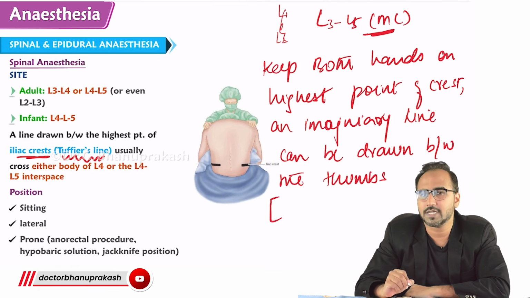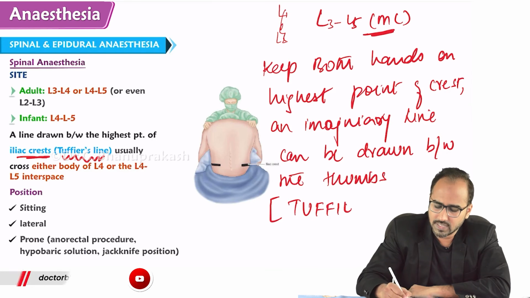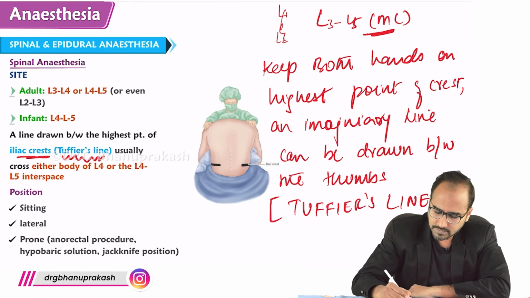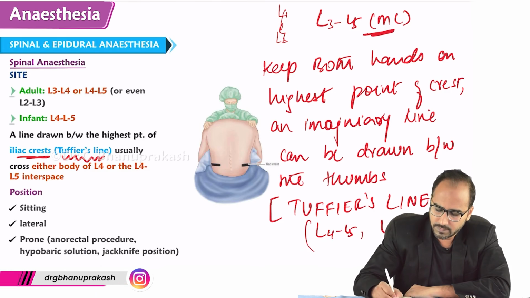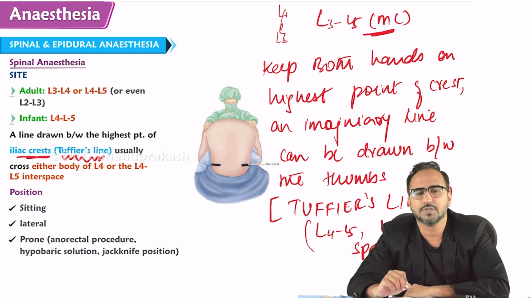That imaginary line is Taffier's line. That indicates the L4, L5 and in some patients L3, L4 space.